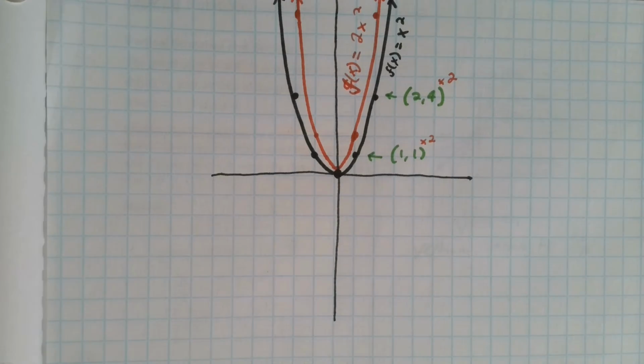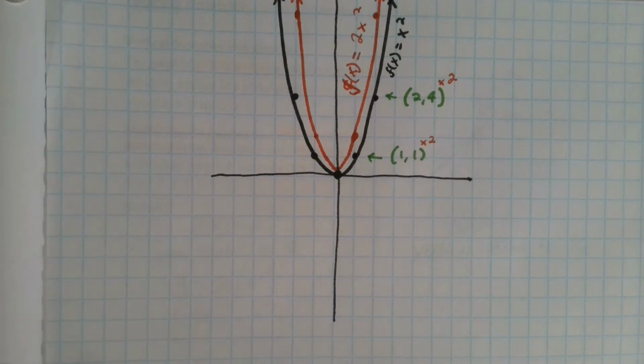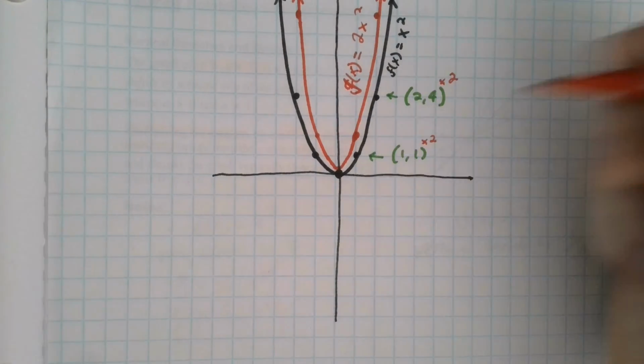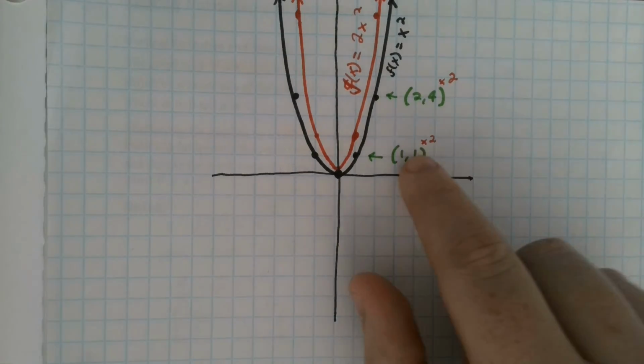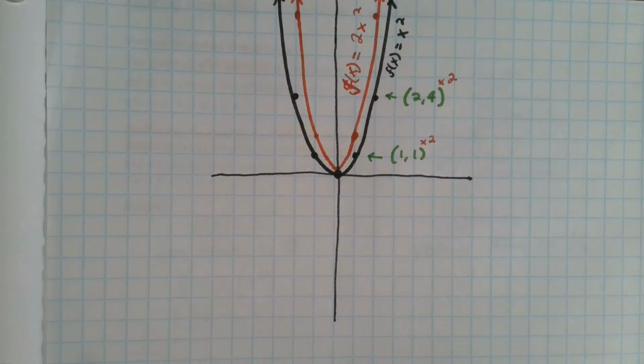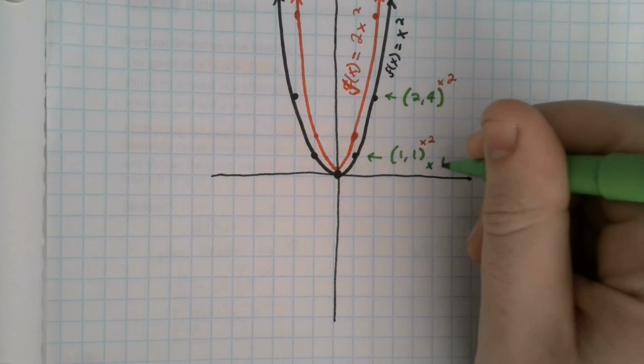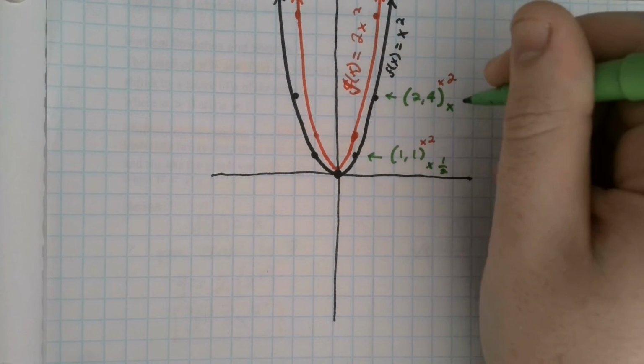If we want all these points to be half as tall, not twice as tall, we're really multiplying our y values not by positive 2, but by positive 1/2. Multiplying by 2 would give us all of these values here. If we multiply by 1/2, though, that'll make them half as tall.